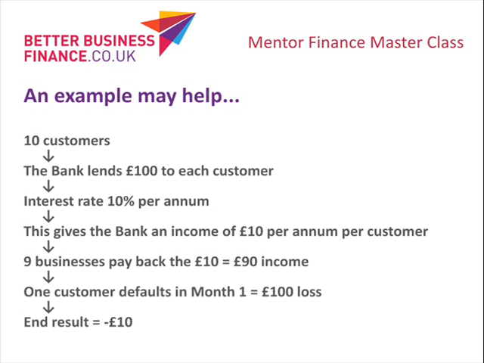If 9 of those 10 customers each keeps to their commitments and pays the bank back £10, that particular bank will have an income of £90. However, if only one of those 10 customers defaults in the first month, then the bank will incur a £100 loss. So the net result is an overall loss to this particular bank of £10.